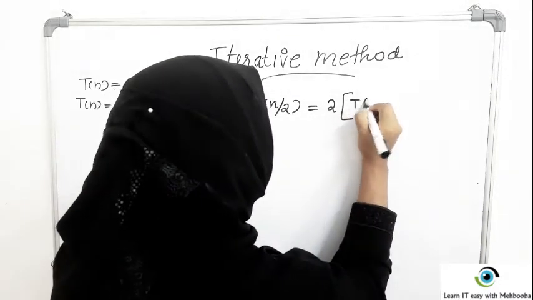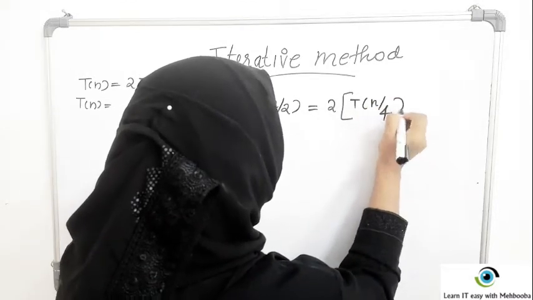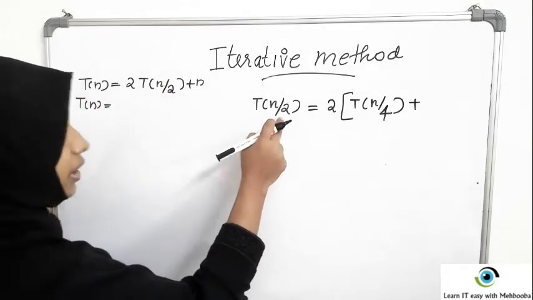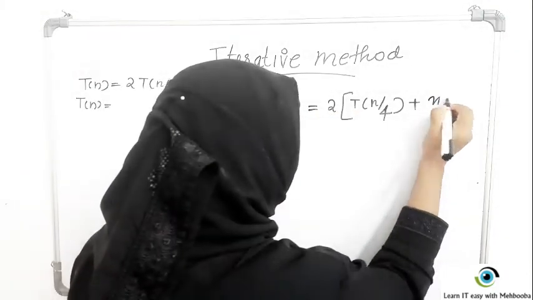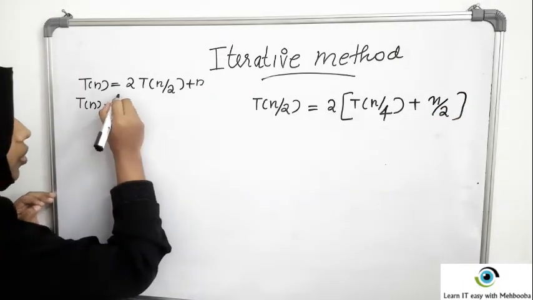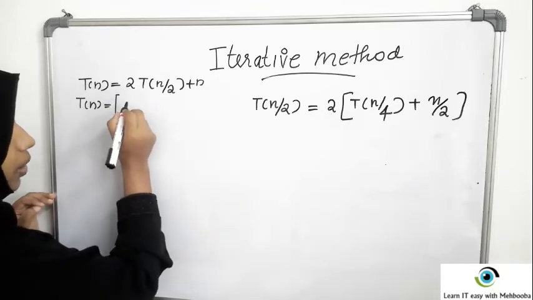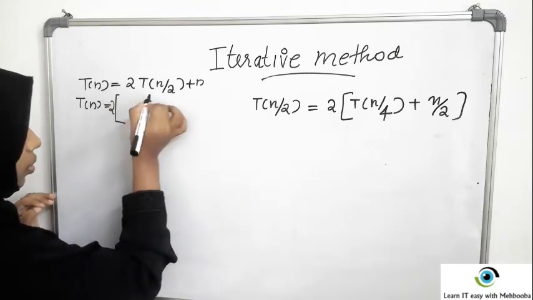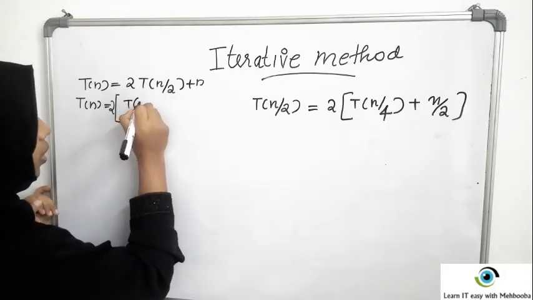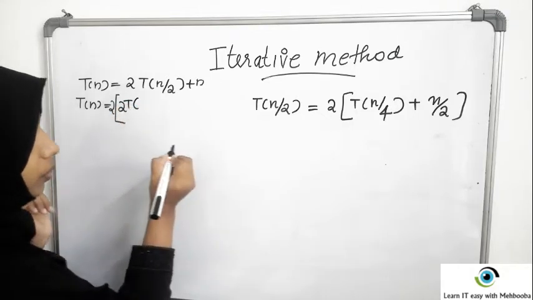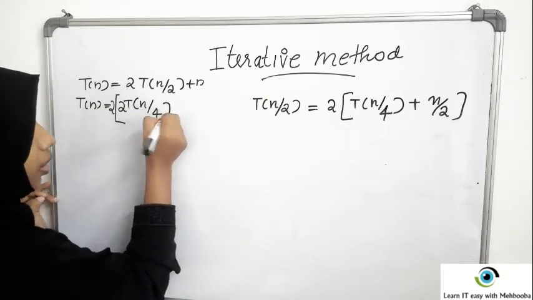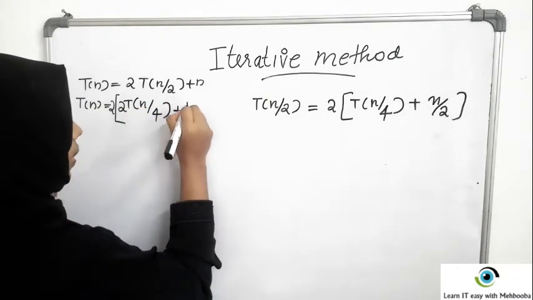So T of n by 4 plus, see, if it is n, it is n here. So if it is n by 2, that should be n by 2 here also. So this is how you expand it. So T of n is equal to, if you unroll 2T of n by 2, that will be 2 into T of n by 2. You are unrolling T of n by 2. That will be 2T of n by 4 plus n by 2.